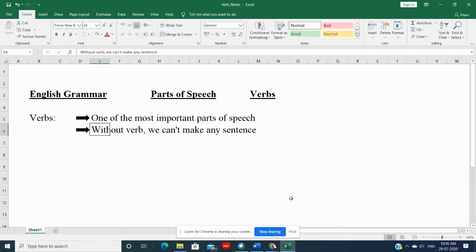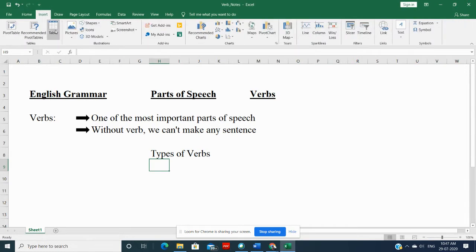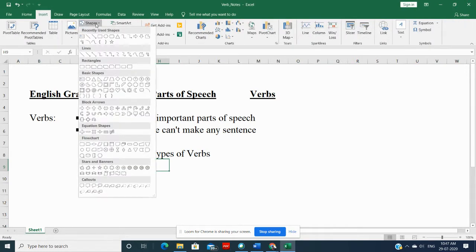All right. Now, there are different types of verbs. Let's talk about them. Basically, there are three types of verbs. Let me draw it for you so that you understand.